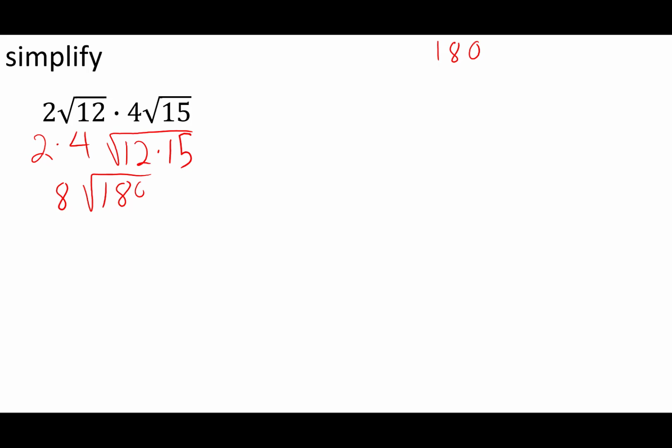So, remember our list, our perfect squares are 4, 9, 16, 25, 36, 49, 64, 81, 100, and we have a few others, but we're going to stick with these.